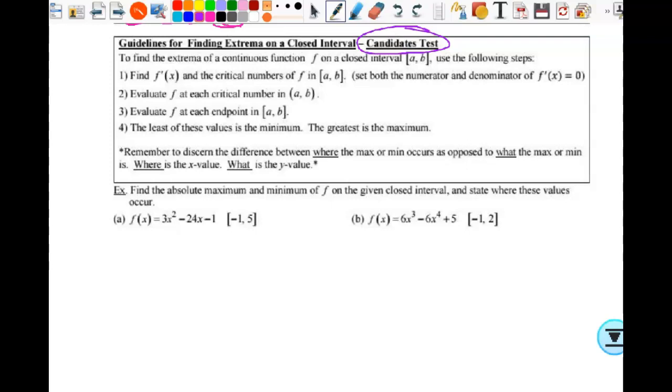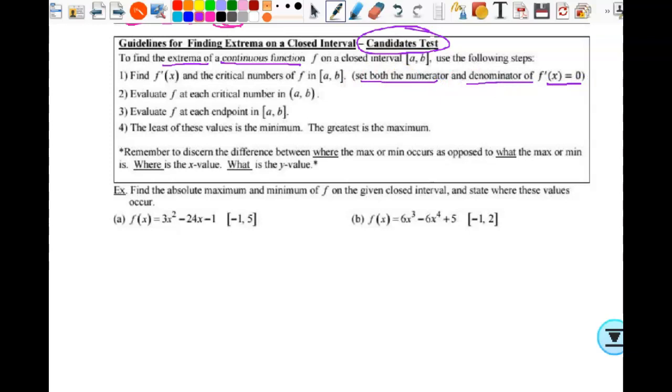Okay, so we're going to find the extrema of a continuous function on a closed interval using the following steps. We find the derivative, which we know how to do, and the critical numbers of f on the interval a to b. That means we set both the numerator and denominator of f prime of x equal to 0.